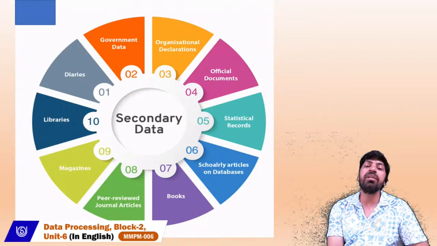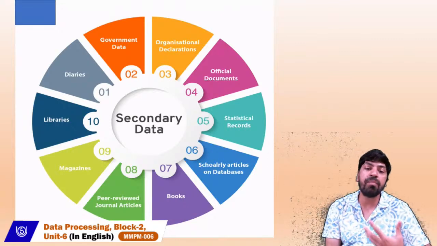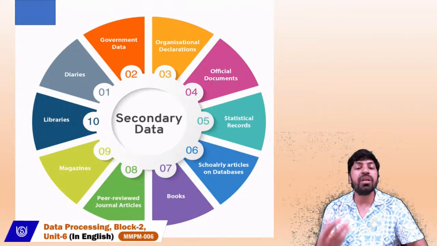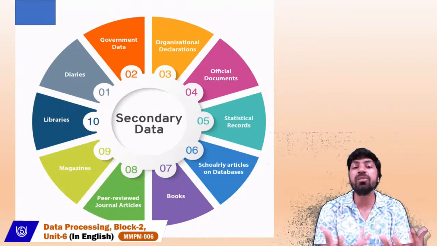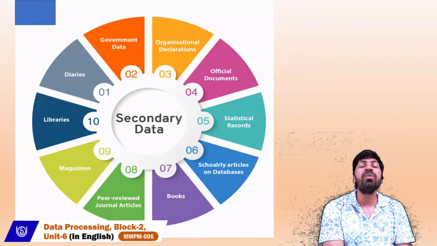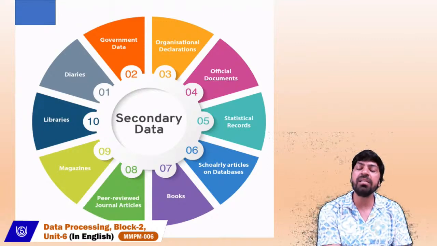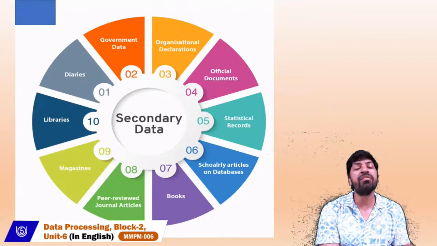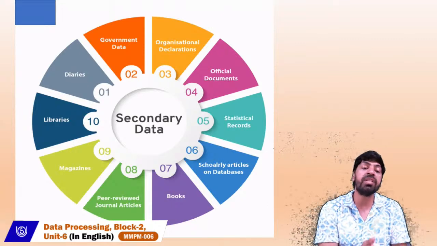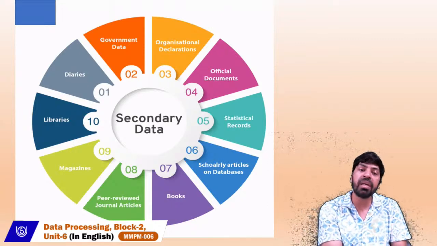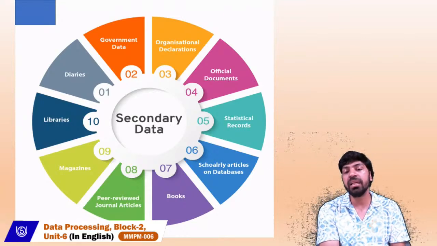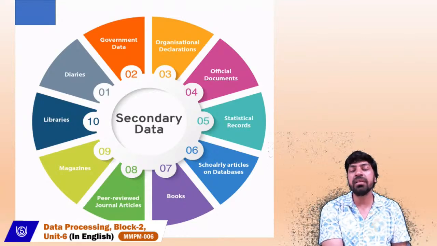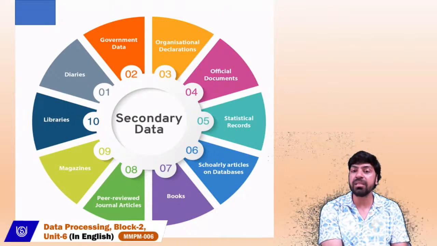Scholarly articles on databases, such as journals and Google Scholar, where plenty of articles are available free of cost. Anyone can download articles related to your research topic and use that data in your own study, which is also called a source of secondary data.